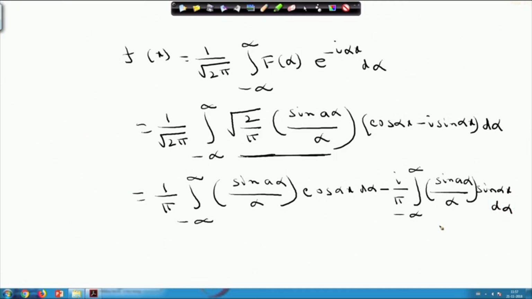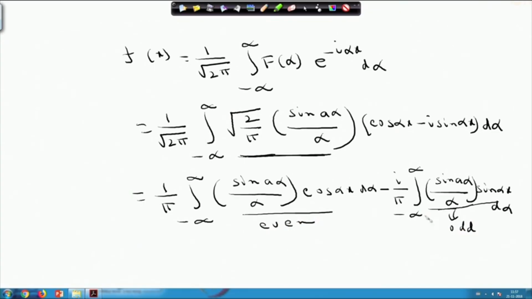Now, you see this integral, sin a alpha by alpha into sin alpha x: this is an odd function and this is an odd function, whereas this is an even function.